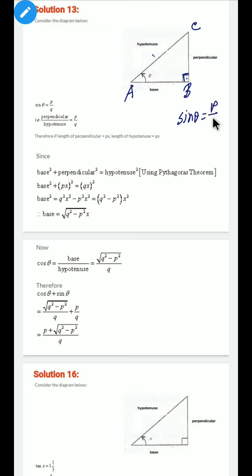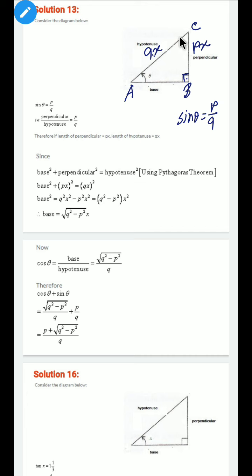Now sin theta is given as P by Q. We know that sin theta is equal to perpendicular by hypotenuse. So this one is the perpendicular, this is P, and the hypotenuse is Q. AC is the hypotenuse, that means AC is Q. Because ratios are given, this one is taken as Px and this one is Qx.